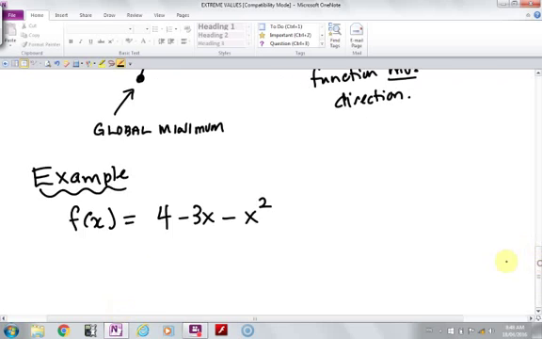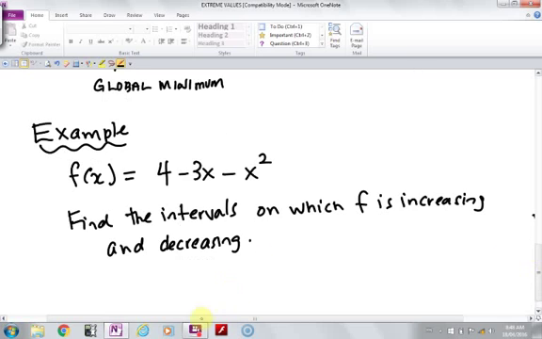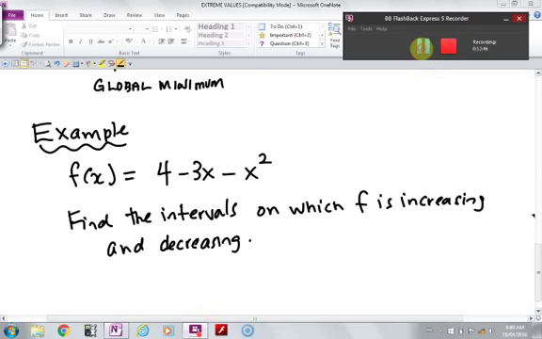And what I want you to do is find the intervals on which f is increasing and decreasing. So I'm going to give you a moment to think about that on your own.